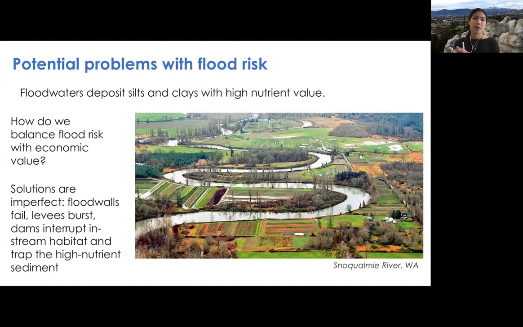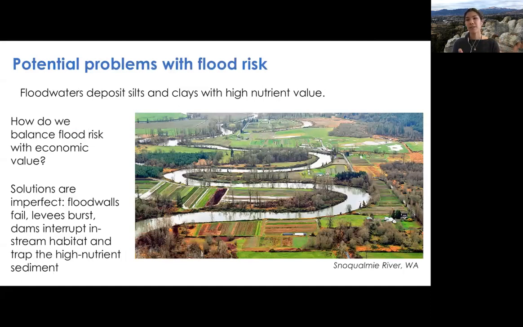So we have some imperfect solutions there, and this is something that would need to be worked on in the future, and that we need geoscientists to continue to think about. Right? So we have things like flood walls, where those can fail. We have levees, those can burst, as we may all remember from Katrina. We have dams, which can control and regulate floodwaters.